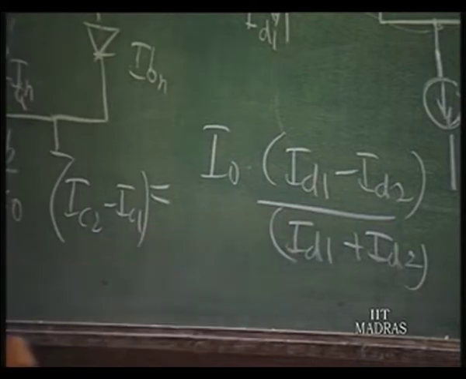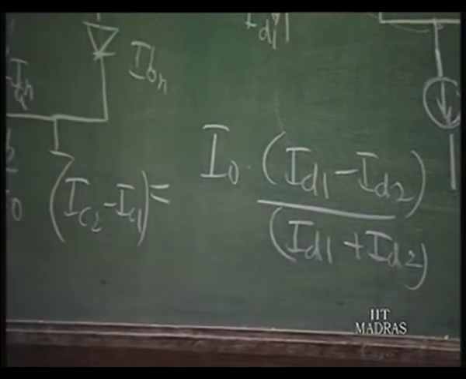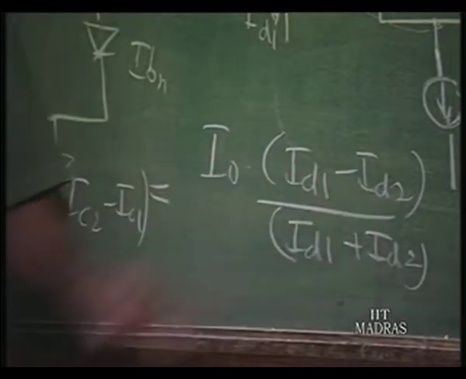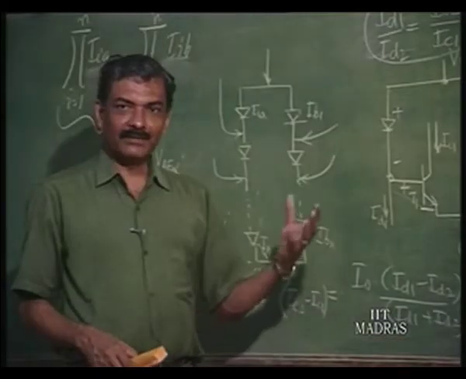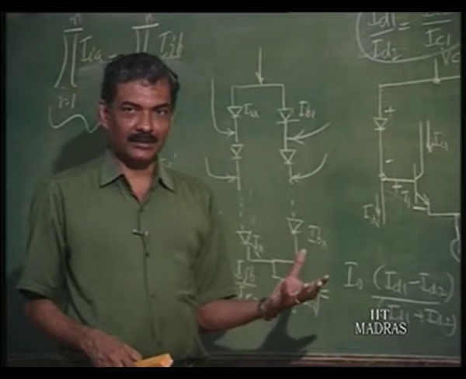If I select currents I D 1 and I D 2 such that they have a common mode current which is a DC current and a differential mode current which is the signal current, how do I do it?